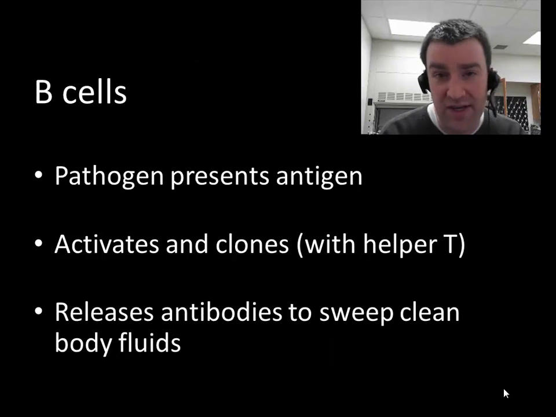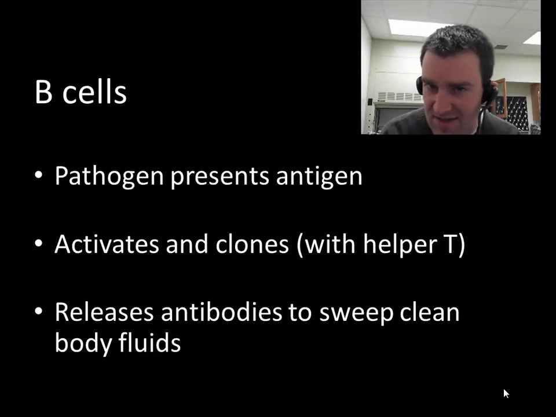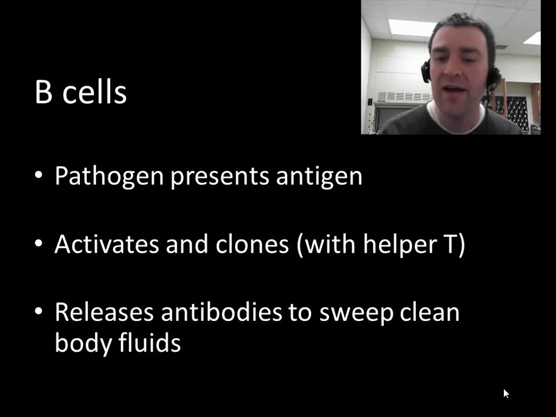And then there are B cells, B lymphocytes. B lymphocytes are actually going to encounter the antigen maybe directly from the pathogen itself, because the B cells really have the responsibility of binding to the antigen successfully, just like all lymphocytes. Again, it's also going to perhaps need encouragement from the helper T lymphocyte to truly clone itself massively.